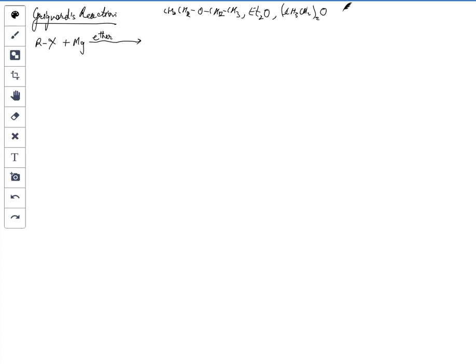Then there is another ether, which is called THF. Full form, tetrahydrofuran. When we talk about tetrahydrofuran, the structure is CH2, CH2, CH2, CH2O. This is a cyclic ether.